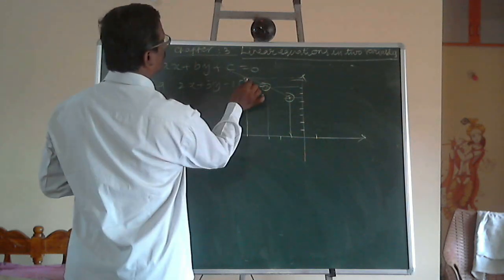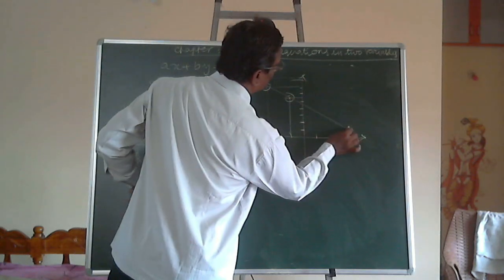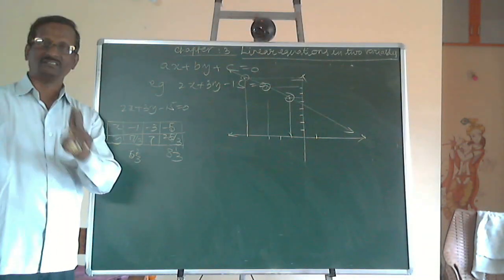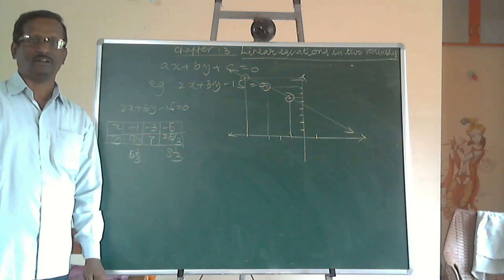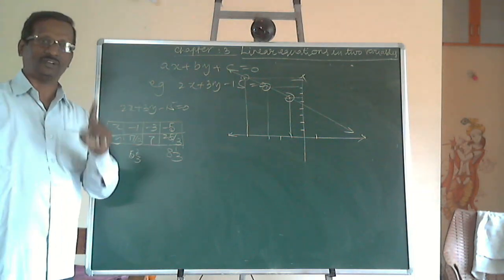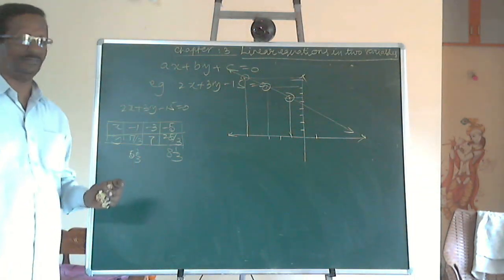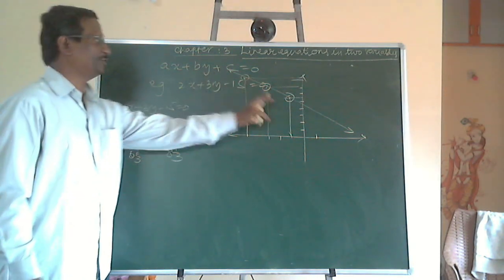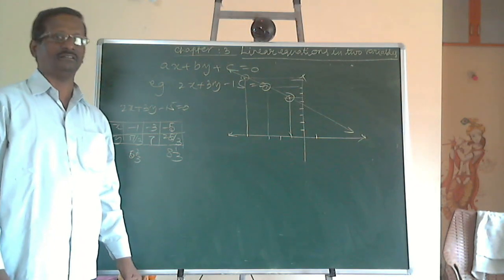All the 3 points, when you join, we get a straight line. A minimum of 2 points is required for the representation on the graph. But the third point is to confirm the correctness of the solution. All the 3 points, when you join, we have to get exactly one straight line.